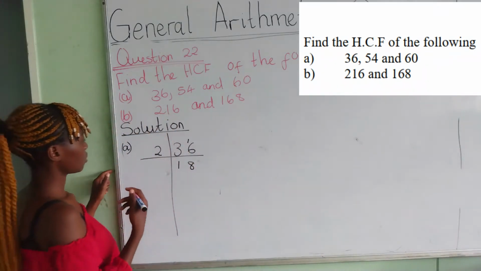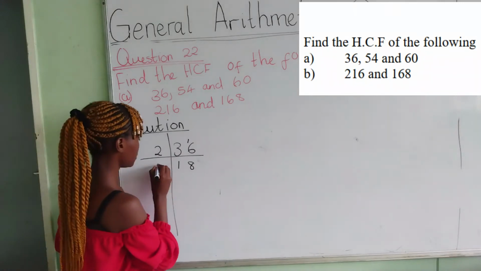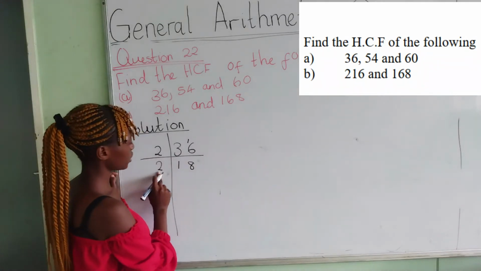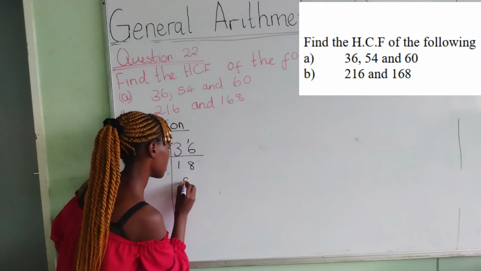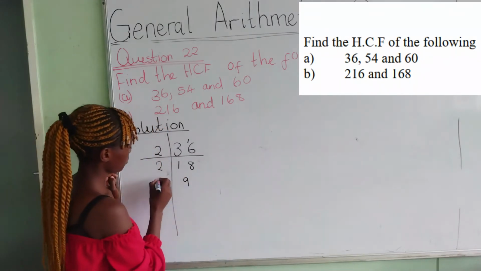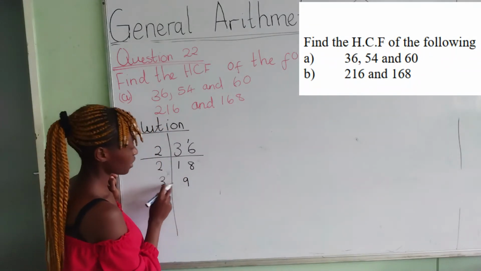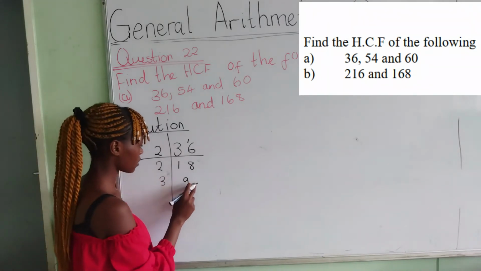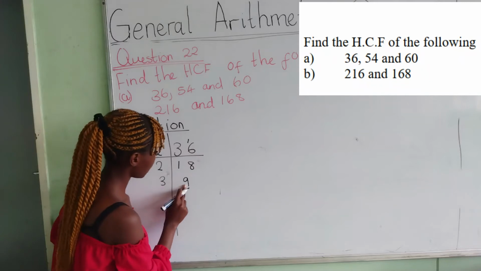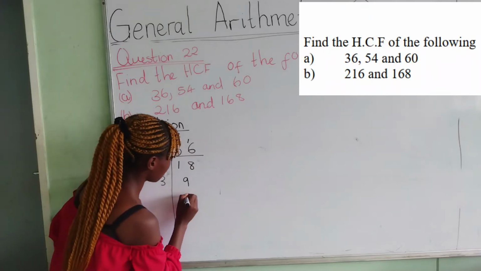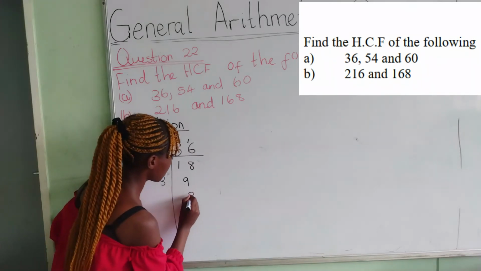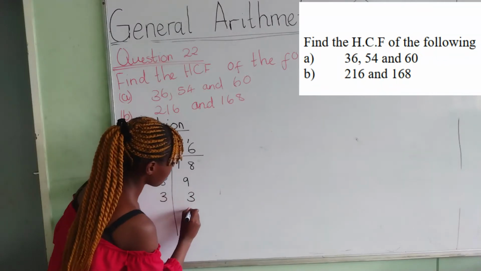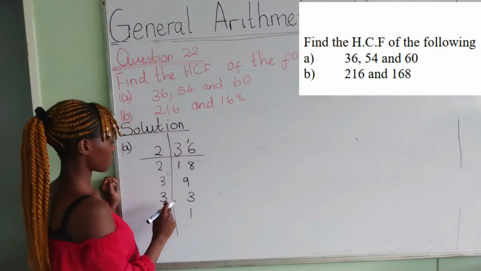Okay? We go again with 2. 2 doesn't go into 9, so now we put 3. We just find a prime factor that goes into the values. 3 into 9 is 3. 3 into 3 is 1. So these are the factors of 36.